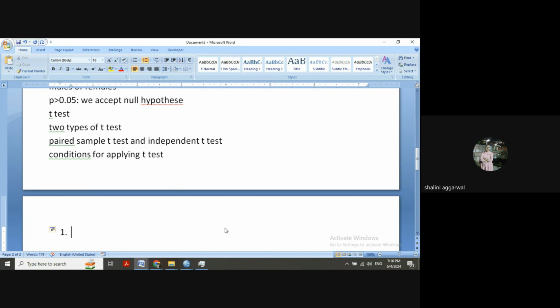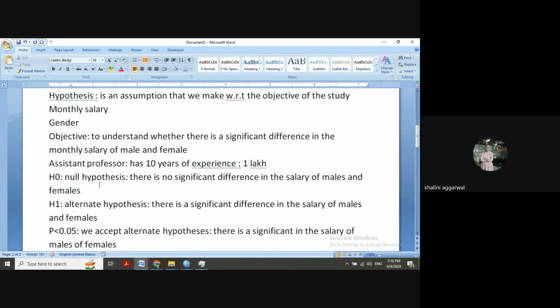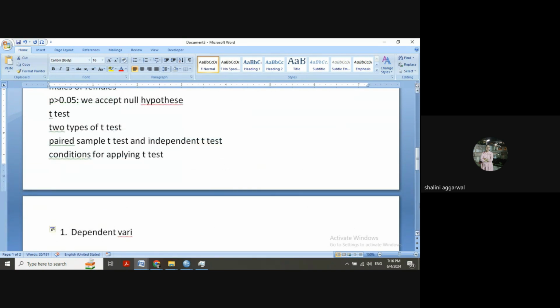First condition is that the dependent variable. Okay, no, let's do it like this. Let's take this example first. Again, this example. I'll take it with the help of this example. Then I'll explain this.